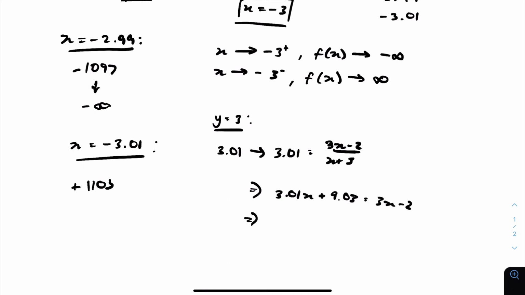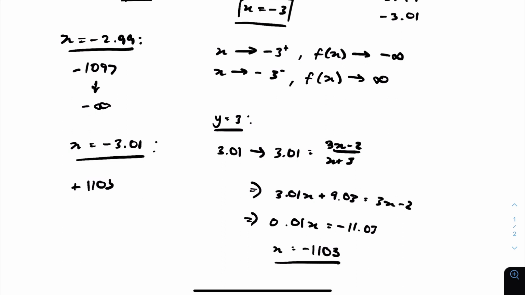Collecting the x's, we get 0.01x is equal to negative 11.03. So x is equal to, and then we do the division, and we get a very large number, around negative 1103. Again, this demonstrates that x is approaching negative infinity because the negative value is very large.